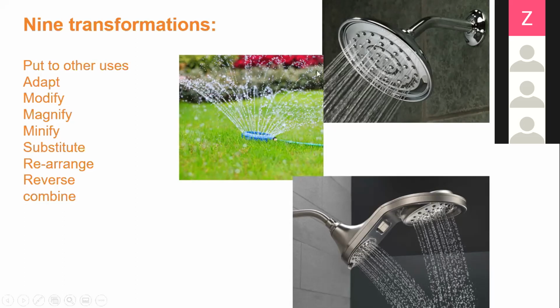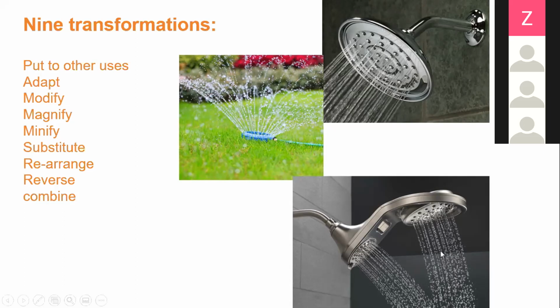So using the resources that are already there, a shower head. Now we know that the shower head disperses the water in many different directions. Can we substitute this to make it into a sprinkler system?